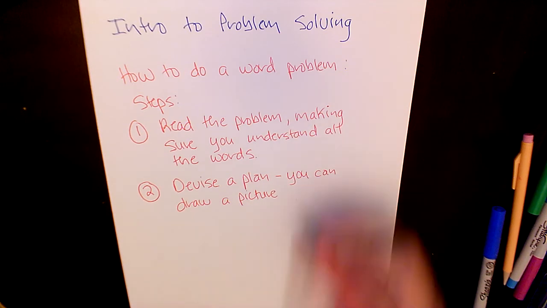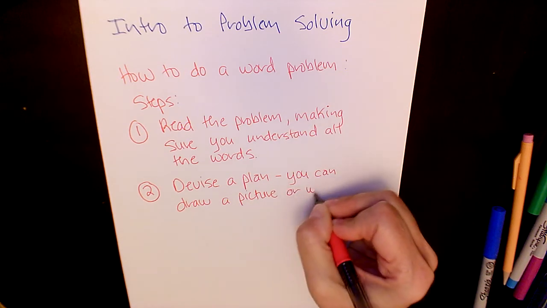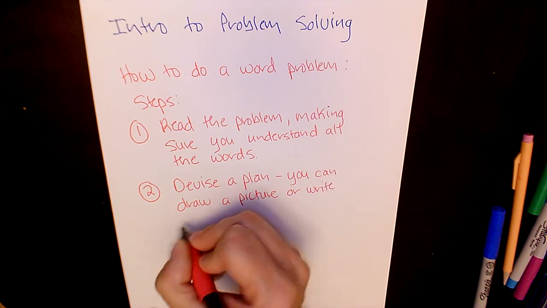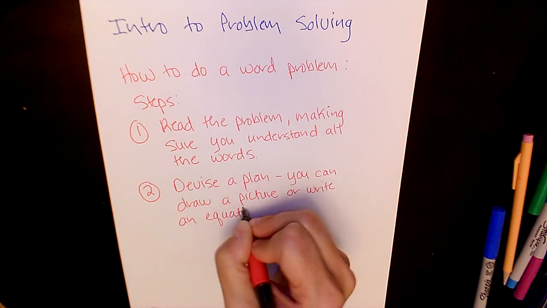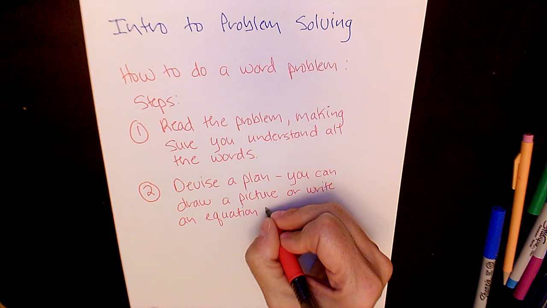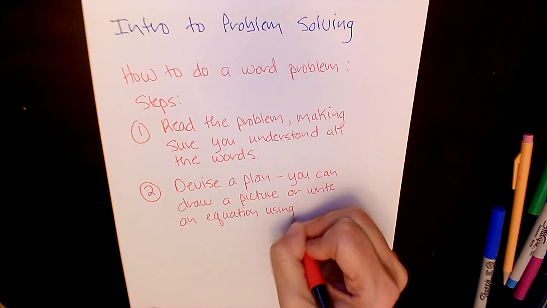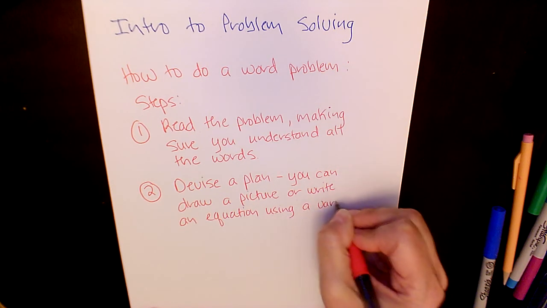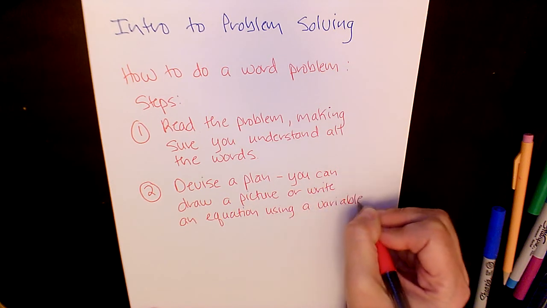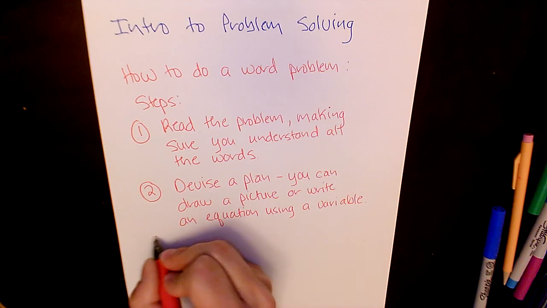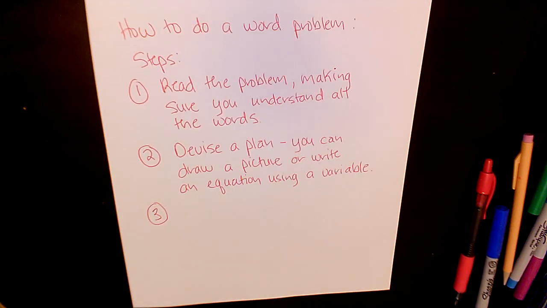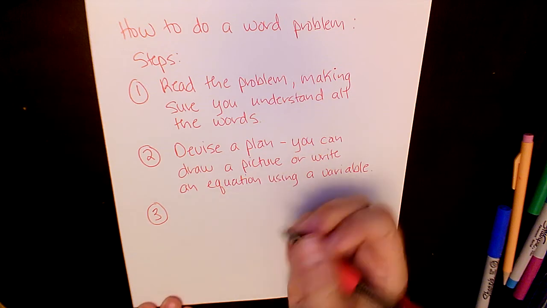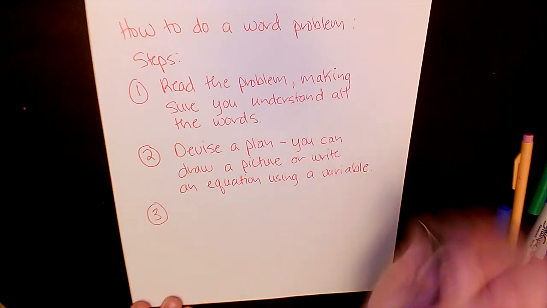Like I said before, you can draw a picture or write an equation with a variable. You can use whatever letter you want, x, y, whatever you'd like to use. So for number two, we devised a plan.